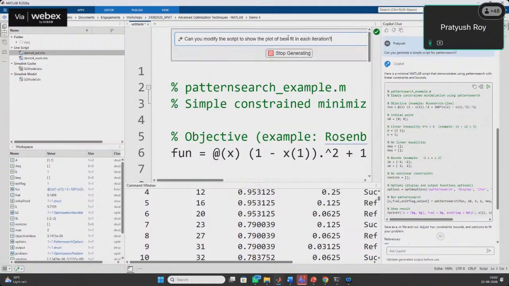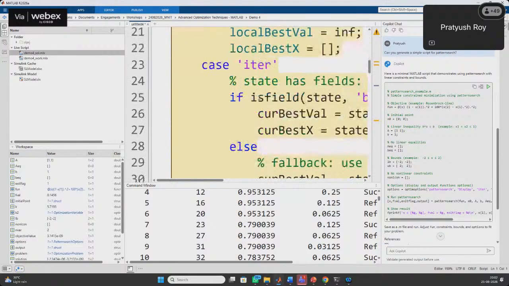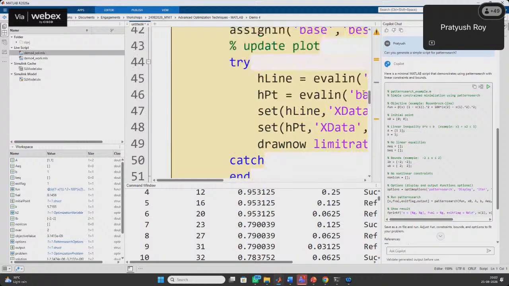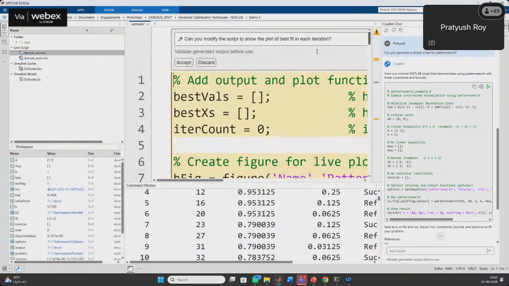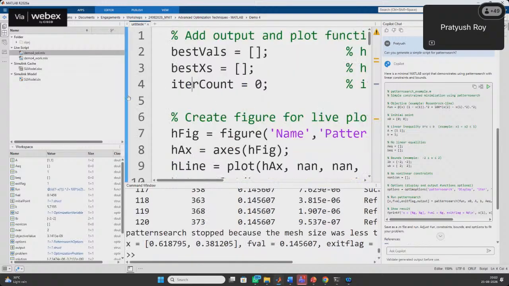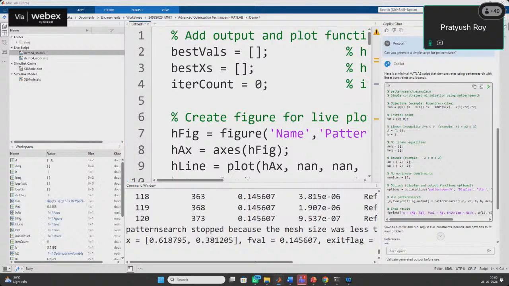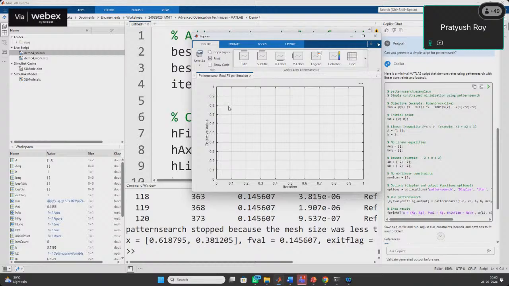And you press enter. It will generate the plot and everything. If you accept, the change will be accepted, and then you can run this particular thing. Then it will generate the script for you.